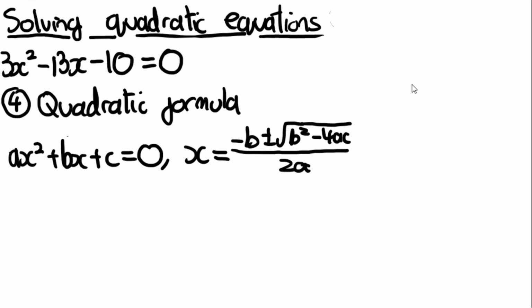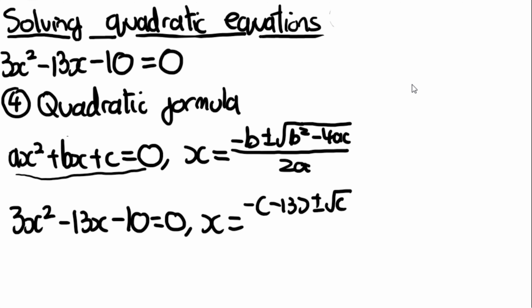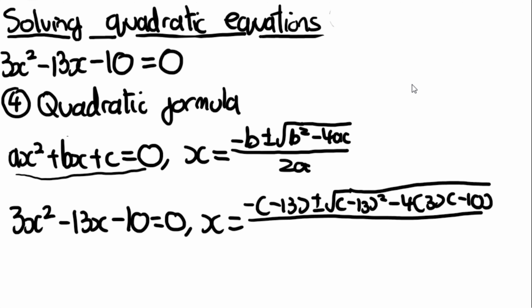So to put this into numbers to make it a bit easier, because that does look quite confusing, 3x squared minus 13x minus 10, the example that we keep using, x equals minus b, which if we put it in the form up here, will be minus 13 plus or minus the square root of b squared, which is minus 13 squared, minus 4 a, which is 3, c, which is minus 10, over 2 times 3.